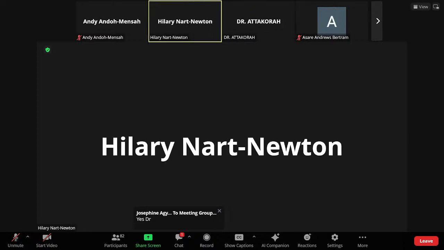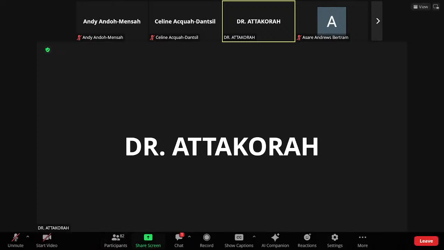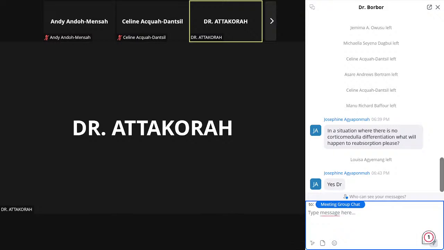Dr. Attakorah, she said yes, but in a situation where there's no corticomedullary junction, what will happen to the reabsorption? The reabsorption is not occurring at the junction, please. The junction is separating the cortex from the medulla. The reabsorption is occurring at the cortical part. Let me go to the board again.